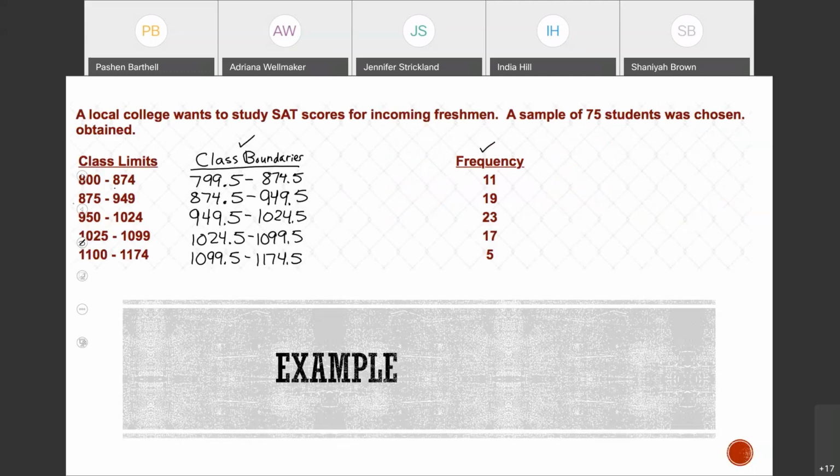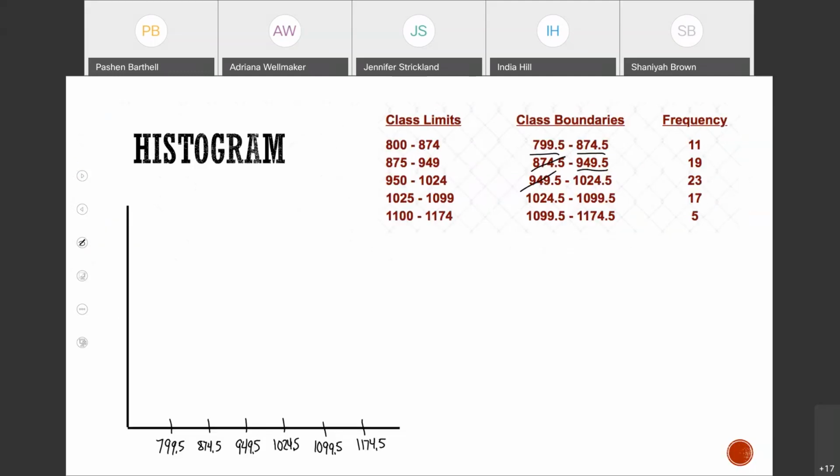It says a local college wants to study SAT scores for incoming freshmen. A sample of 75 students was chosen. So these numbers that we have are SAT scores. I'm going to use that for my label down here. Again, you don't want to use class boundaries because it's just not descriptive enough.